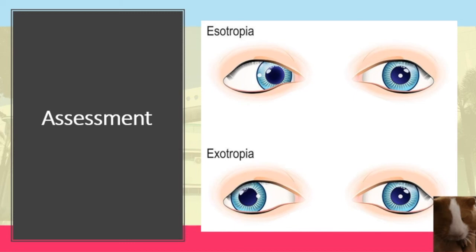On the other hand, exotropia is the permanent outside or divergent deviation of one eye away from the other eye. This may be a permanent deviation of the visual axis of one eye away from the other eye. Other books would say outward or divergent deviation.